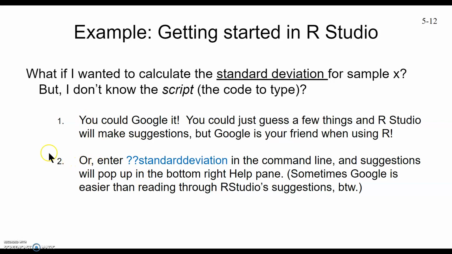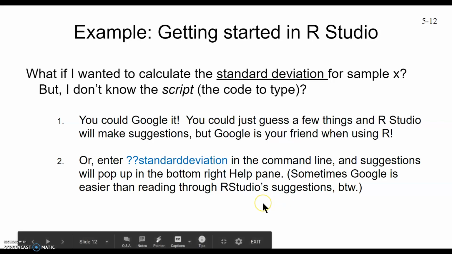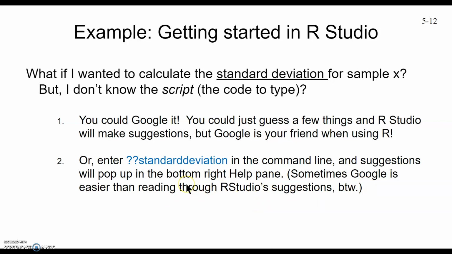The other thing you could do is enter a question mark and standard deviation in the command line, right next to the blue greater than sign, and suggestions will pop up in the bottom right help pane in RStudio. But sometimes Google is easier than reading through all of RStudio's suggestions. So anyway, I usually Google, just saying.